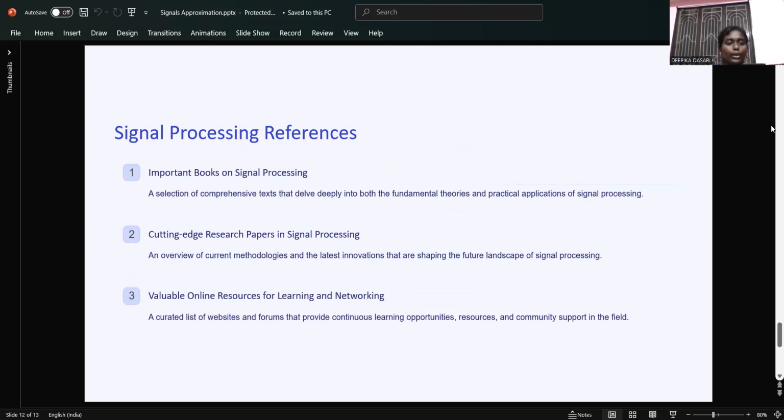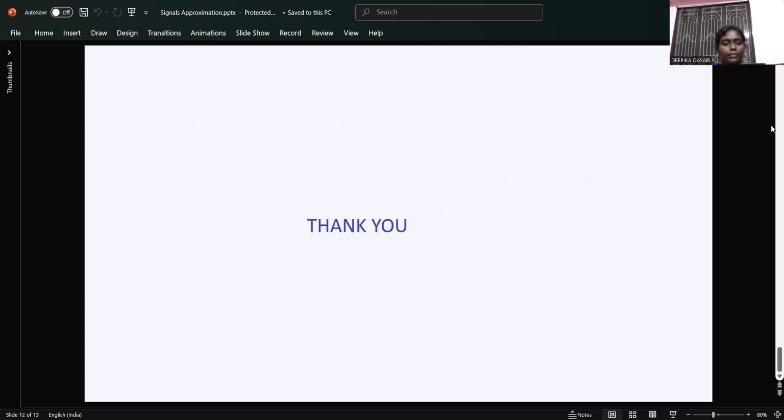Also, we can explore cutting-edge research papers in signal processing, where we find an overview of current methodologies and the latest innovations that are shaping the future landscape of signal processing. And we can also get valuable online resources for learning and networking, where we can get a curated list of websites and forums that provide continuous learning opportunities, resources, and community support in the field.